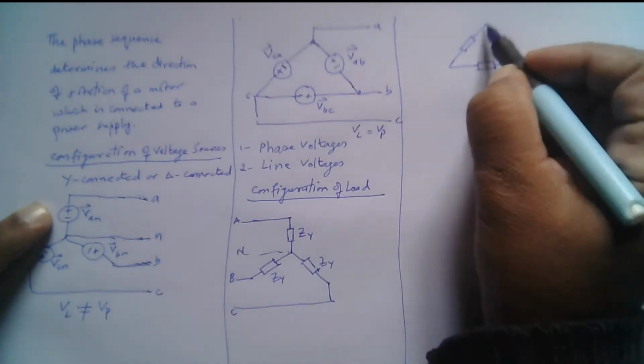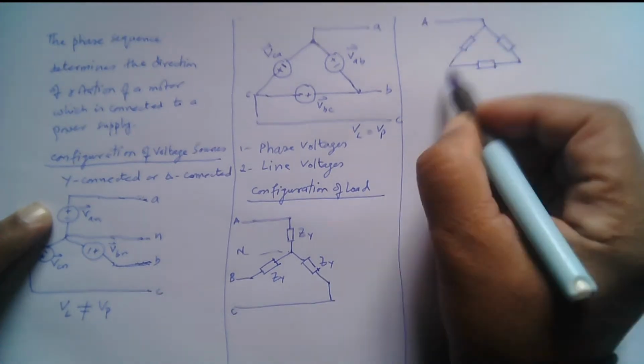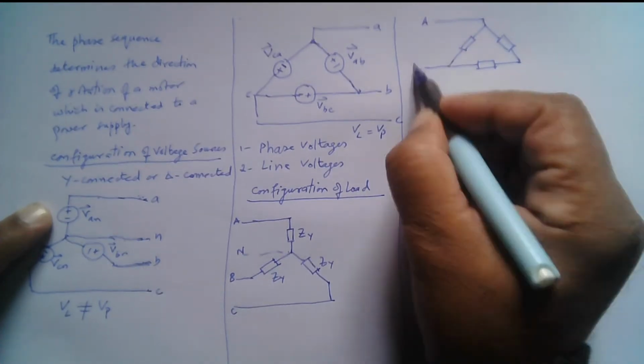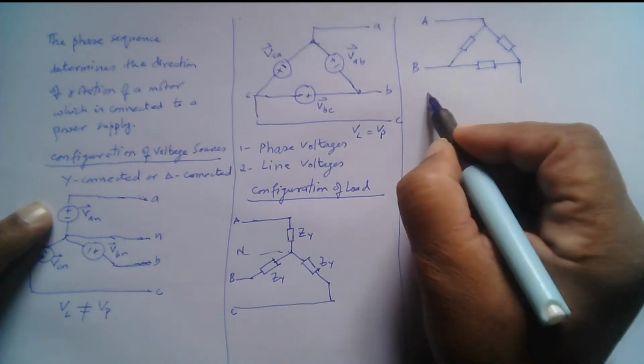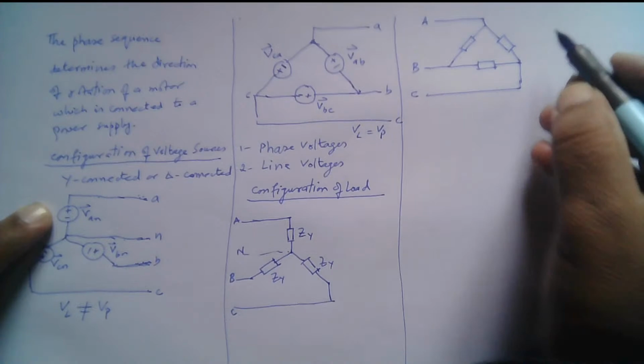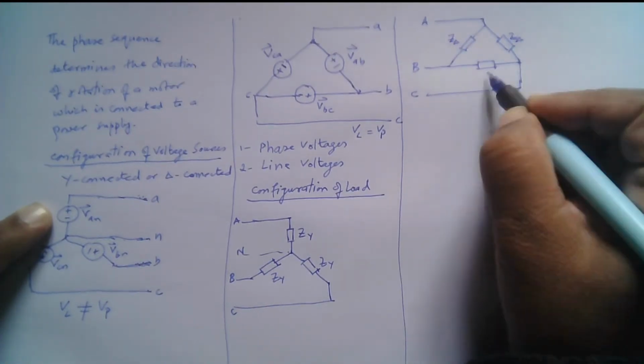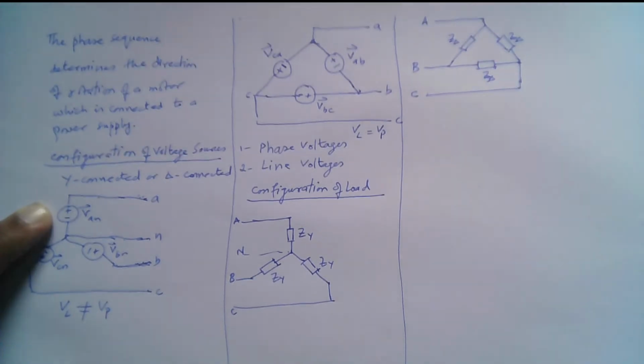This is point A, this is point B, and this is point C. This is balanced, so this is Z delta, this is also Z delta, and this is also Z delta.